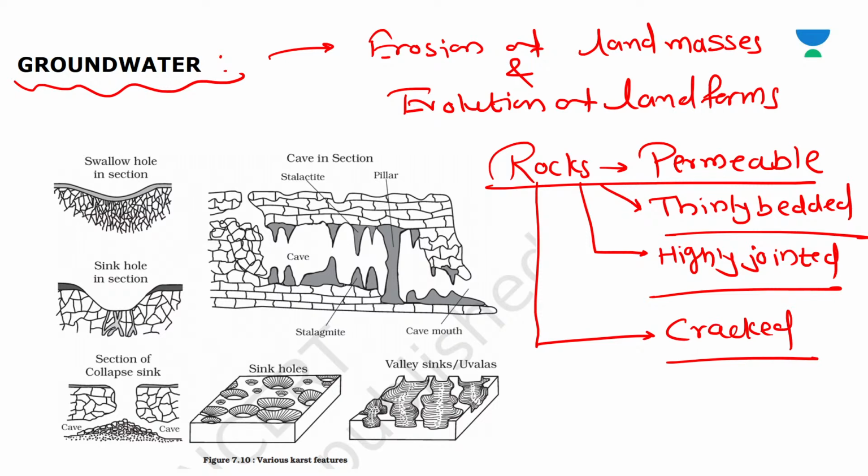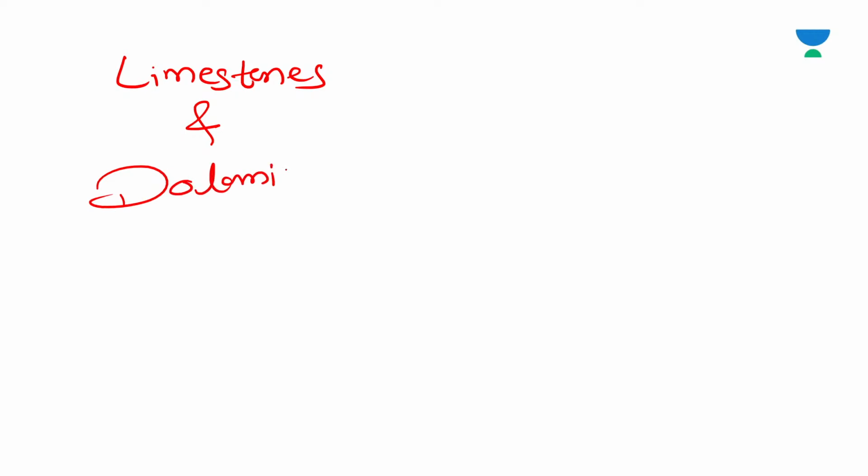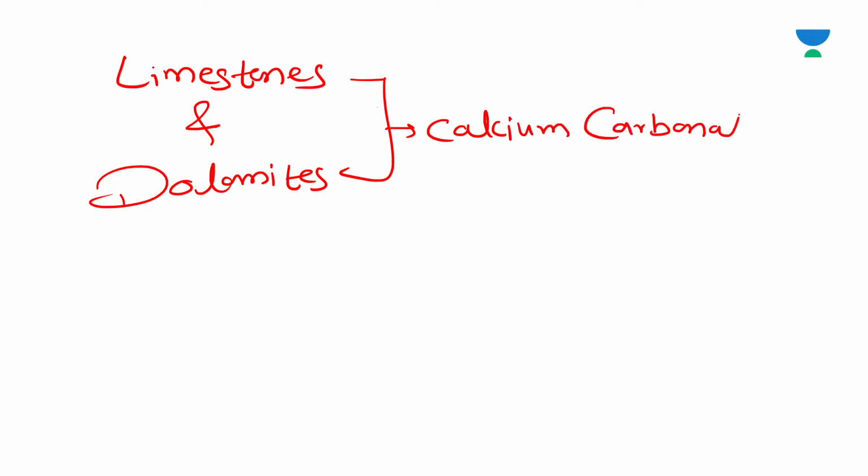Limestones and dolomites, which are rich in calcium carbonate, where the surface water as well as groundwater through the chemical process of solution and precipitation deposition develop varieties of landforms.